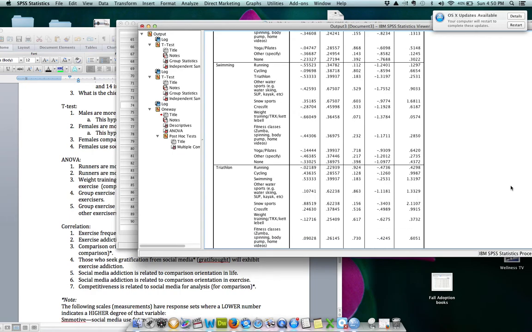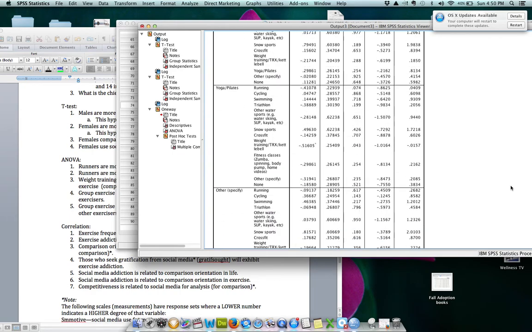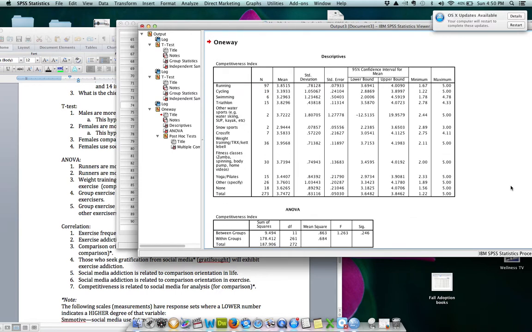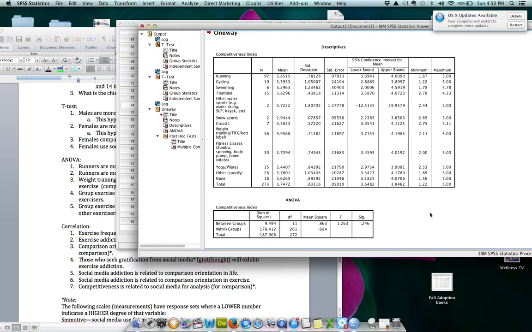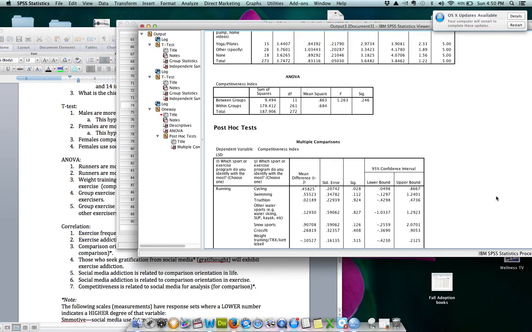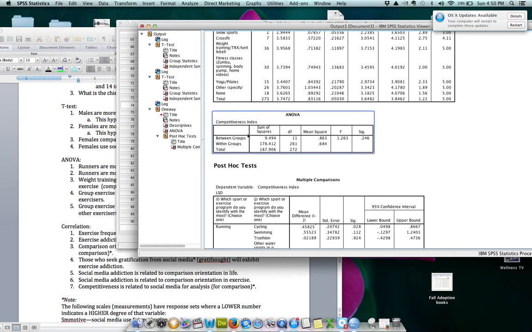So for our ANOVA, in terms of competitiveness, I'm noticing that there are no significant differences.